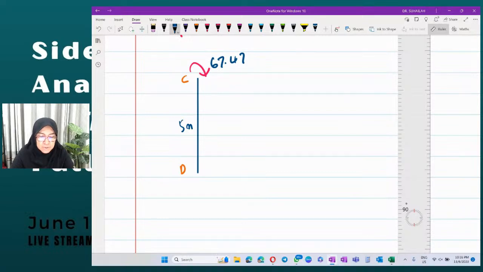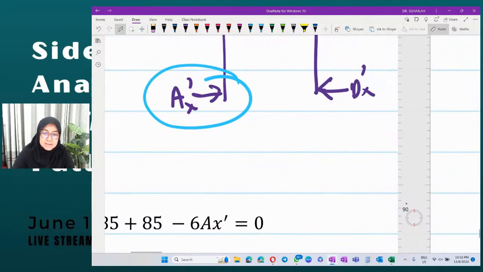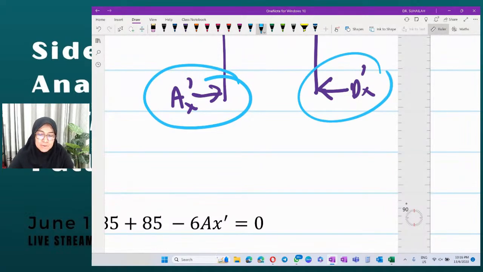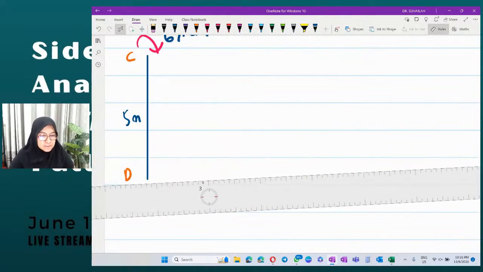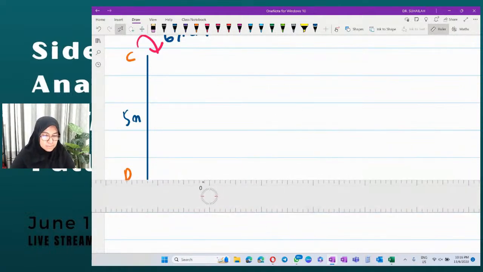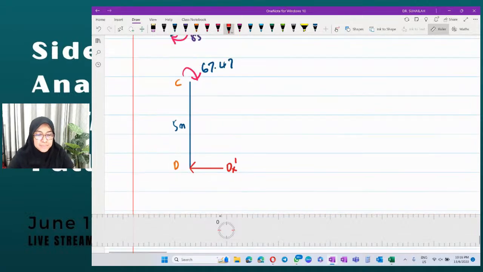Only this, because the moment at D is equivalent to 0. The DX is in this direction, so this is DX prime.